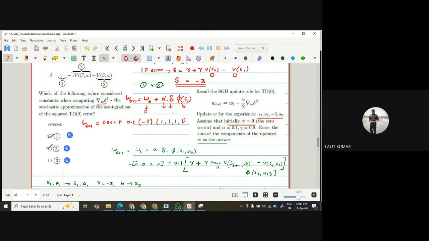If you calculate, this will become minus 0.3, minus 0.3, minus 0.3, minus 0.3. And we have to enter the sum of the components, so the sum will become minus 1.2. Is that okay with everyone, these calculations?